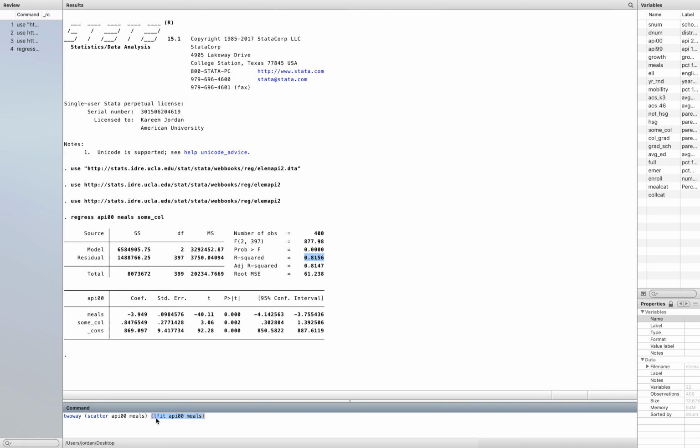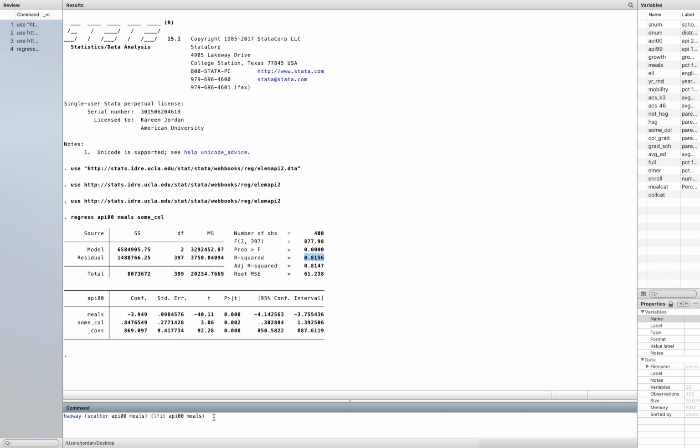However, I put this other part after the command because this will actually draw a line of best fit, which is the lfit. So you can actually see where the best regression line fits here.